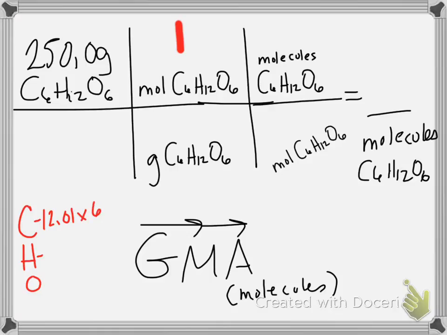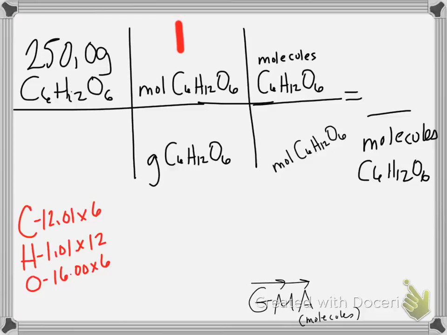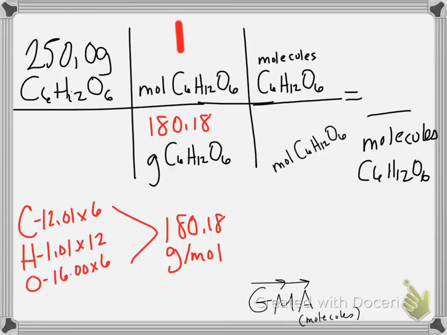Times 6. Hydrogen, 1.01, times 12. And oxygen, 16.00, also times 6. Let's get this out of the way. What do we get? So 1 mole of glucose, C6H12O6, contains 180.18 grams of C6H12O6.